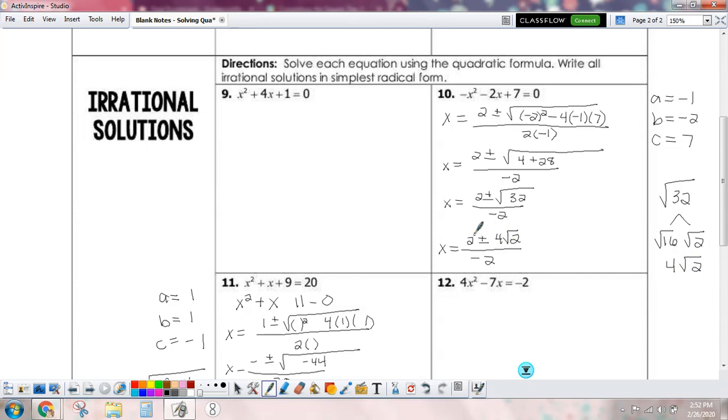Okay, so now at this point, I can simplify this. Since 2 goes into both 2 and 4, I can actually simplify this further. So I'm going to do 2 divided by negative 2, which is negative 1, and then plus or minus, and then 4 divided by negative 2. Okay, and that's going to be negative 2.